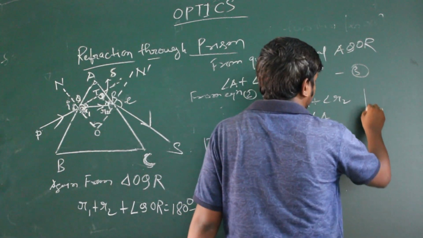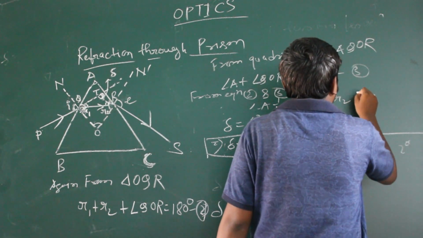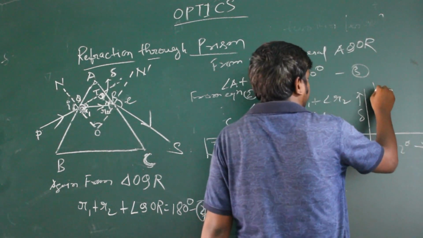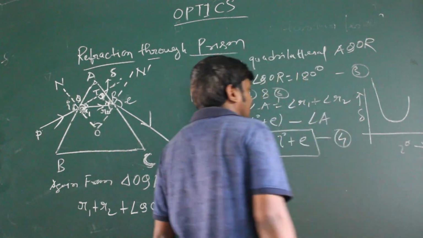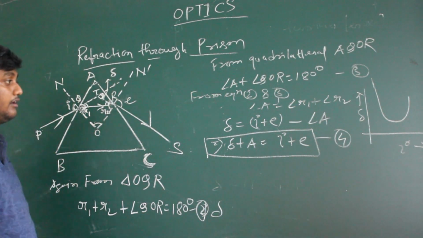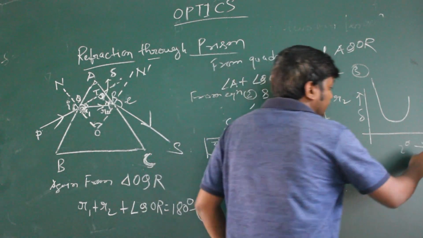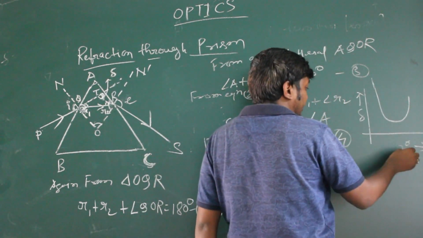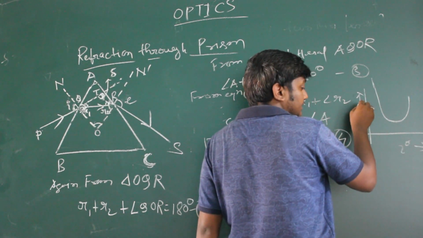I'm drawing here. If this is I, this is del, the graph will go like this. That means first you see the angle of deviation increases with angle of incidence. When you increase the angle of incidence, the angle of deviation also increases.